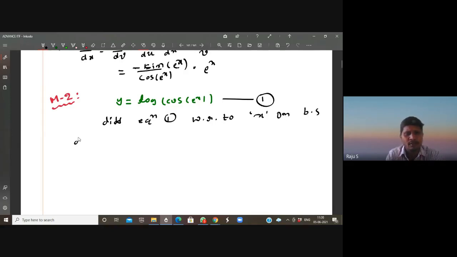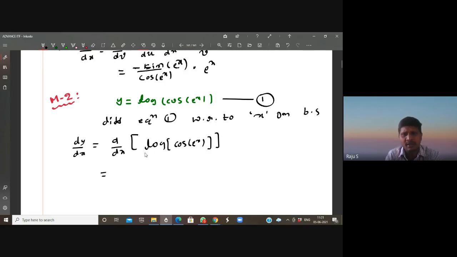Left side becomes dy by dx. Right side is d by dx of log cos e power x. Now see, apply the chain rule.